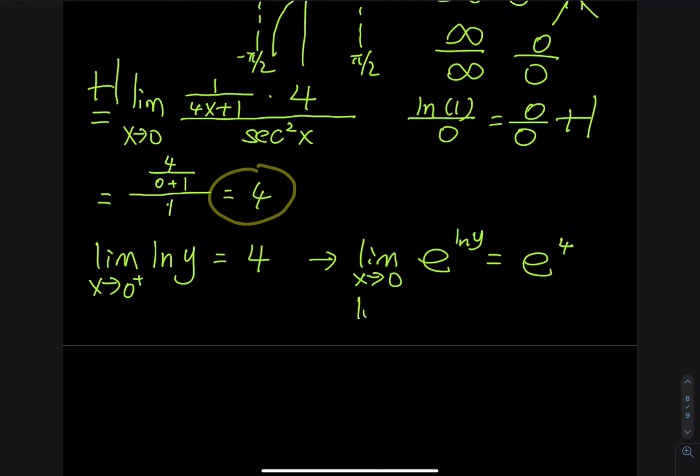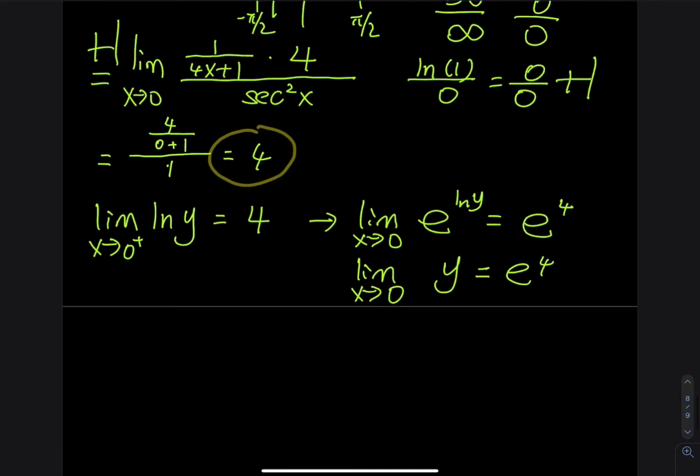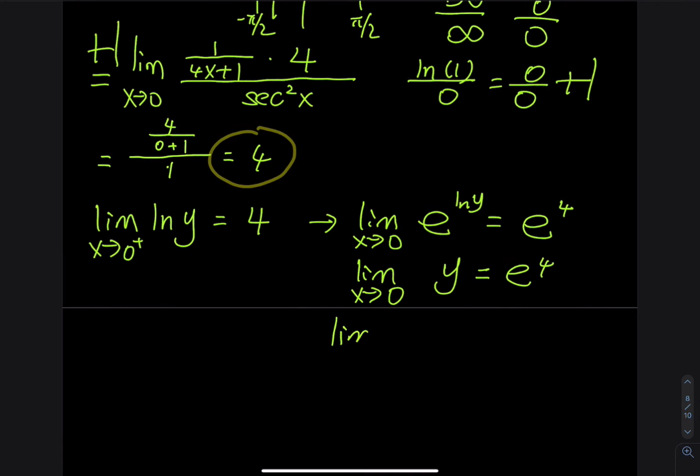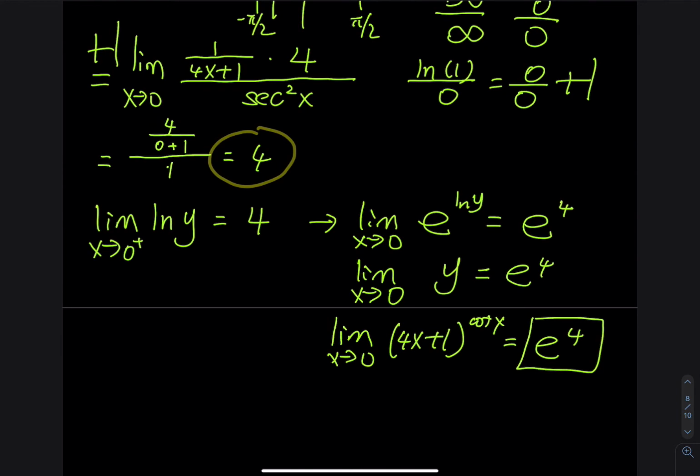So we have limit as x approaches 0, y is equal to e to the 4. What is y? Y is the given function. So limit as x approaches 0 of the given function, 4x plus 1 raised to cotangent x, is equal to e to the 4. So e to the 4 is my final answer. So that is the answer of number 11.